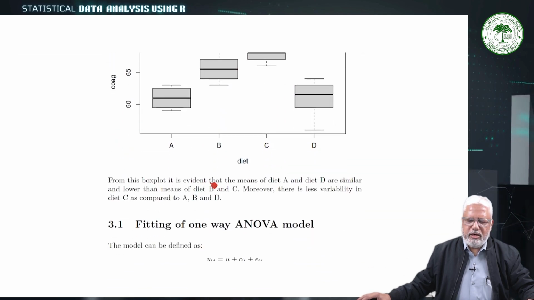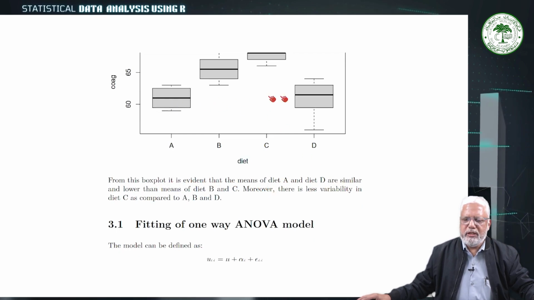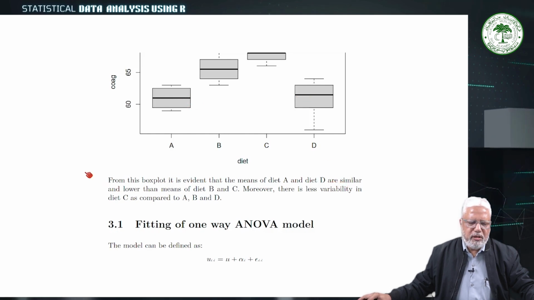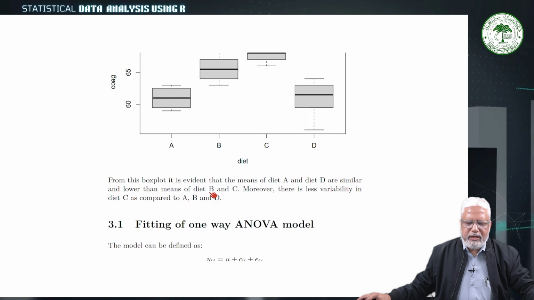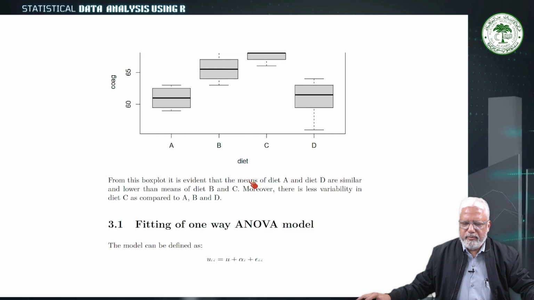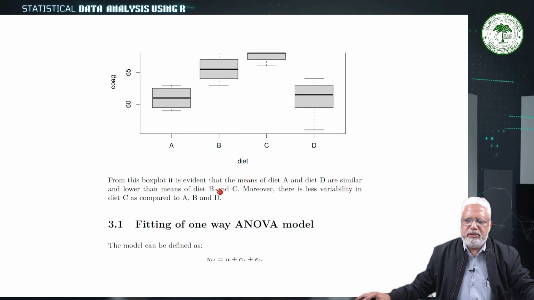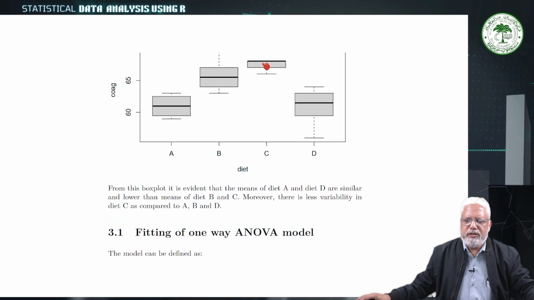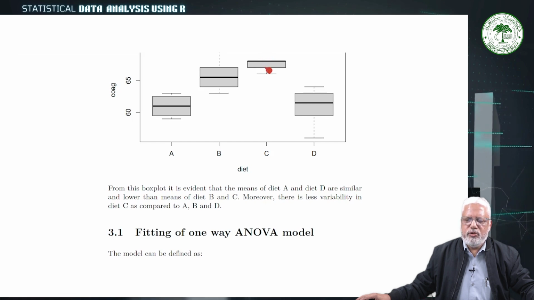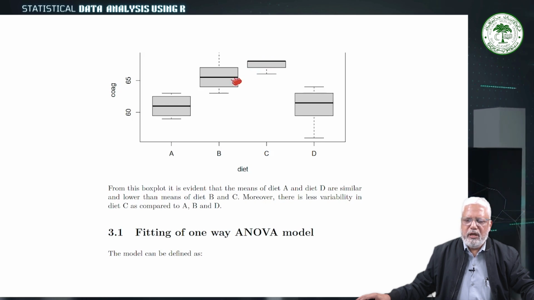From this box plot, it is evident that the medians of diet A and D are similar, and lower than the medians of diet B and C. Moreover, there is less variability in diet C as compared to A, B, D, because the length of the box shows the variability present in the data. In diet C, the length of the box is least, so it has the least variability.